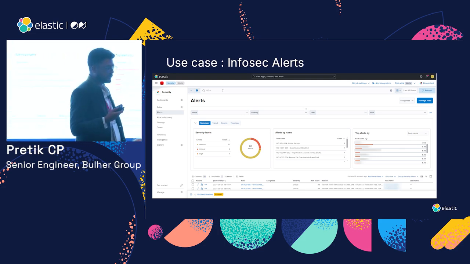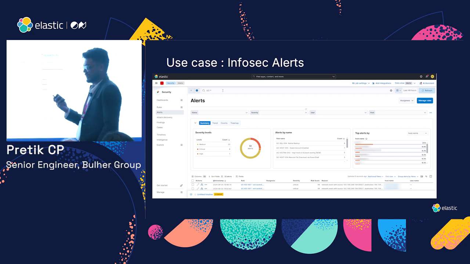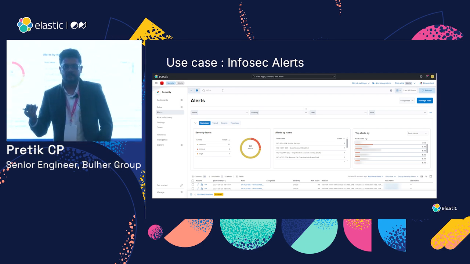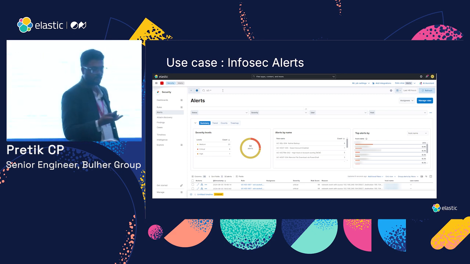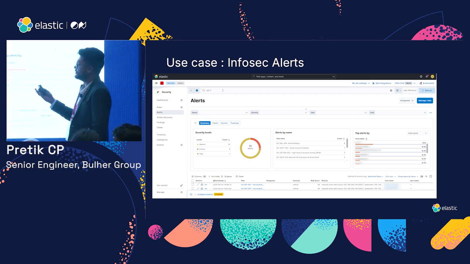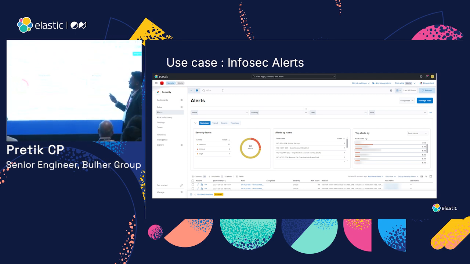There are nearly more than 1500 rules, I guess, provided by Elastic. Of those, we have enabled nearly 100 rules which mainly focus on our Bühler business. We are also developing our own custom rules for our business.